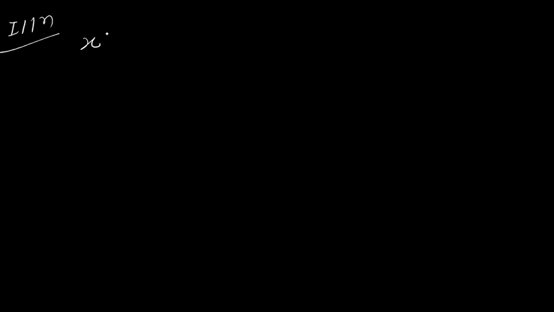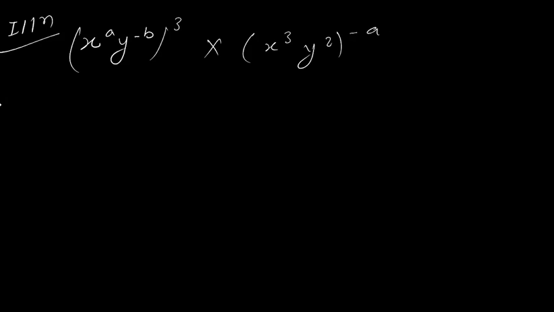Okay, x to the power a and y to the power minus b, whole to the power 3, multiplied by x cube y square to the power minus a. Now you just have to treat this power individually on each item. So how will it be?